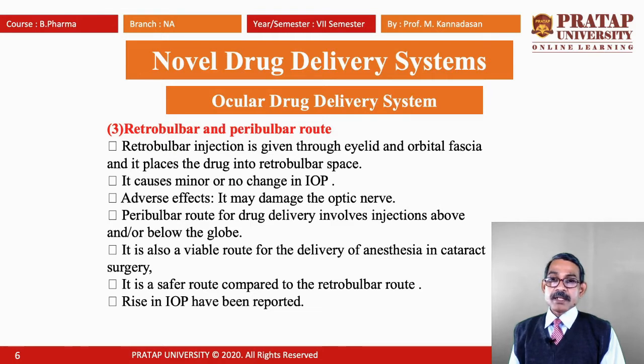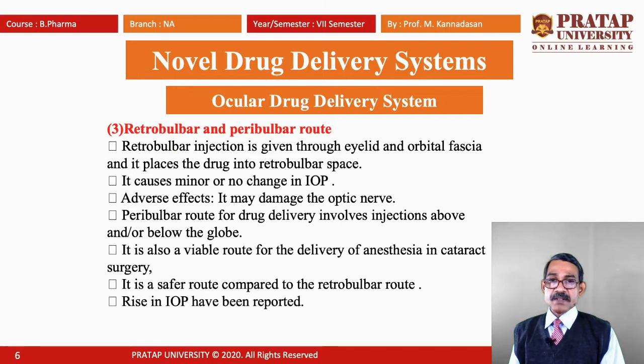It causes minor or no change in the IOP. This IOP means intraocular pressure. Adverse effect: it may damage the optic nerve. The chances are there. This route of administration mostly affects the optic nerve systems.